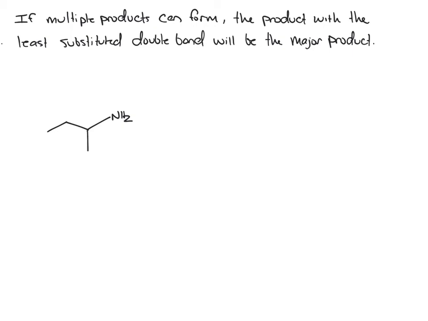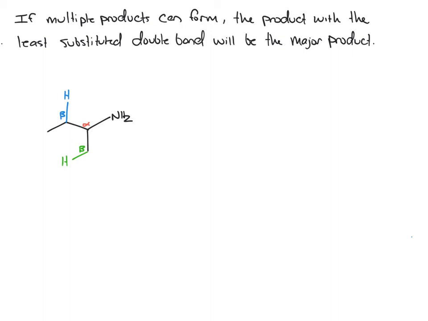Okay, so here we have our alpha carbon, which has a nitrogen attached. But we end up with 2 different beta carbons that each have beta hydrogen. So we have 2 different types of beta hydrogen here.